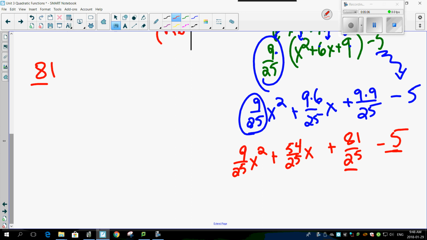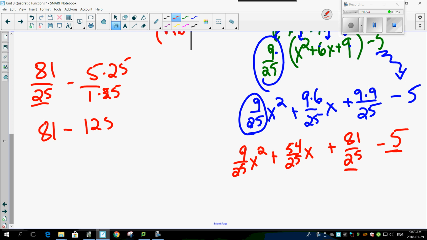Minus 5. Now remember, every number in the world is a fraction because you can put it over 1. Common denominator has to be 25, so multiply that by 25, multiply this by 25. So you got 81 minus 125 all over 25.